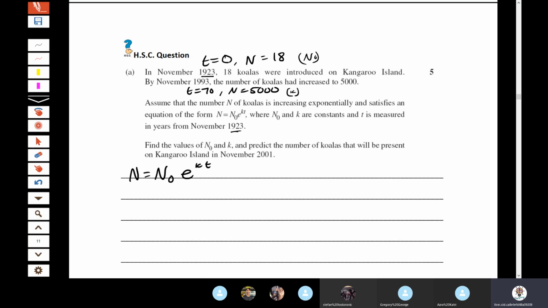Let's just sub them in. So N is 18, and e to the kt stays. T is 0, 0 times K is 0, e to the 0 is 1. So you just found 18 for N naught. Now your new equation becomes 18 e^(kt).